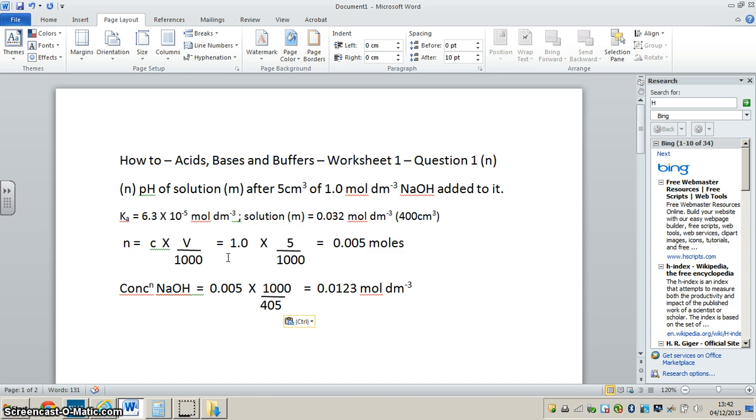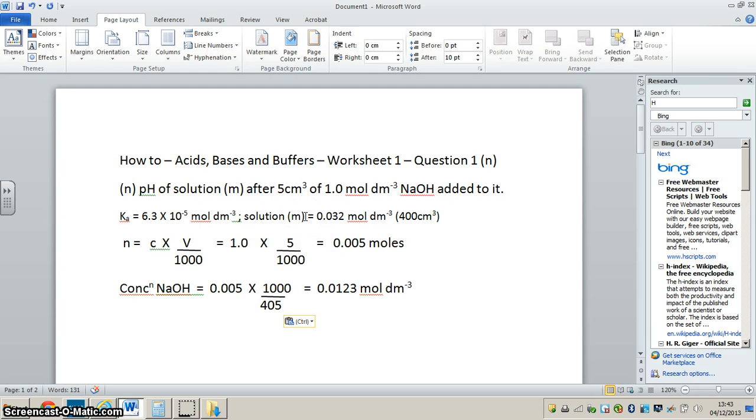Now, before we progress with this question, we need to think about what's happening chemically. And we've done this before. What we've got is a neutralization reaction between the sodium hydroxide and solution M, which, if we recall, is benzoic acid.